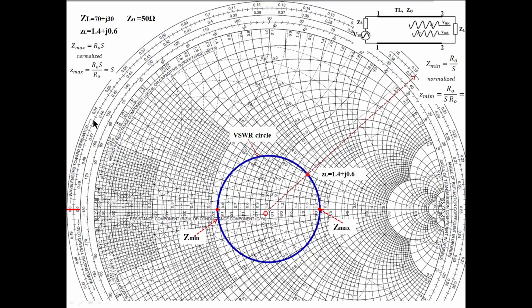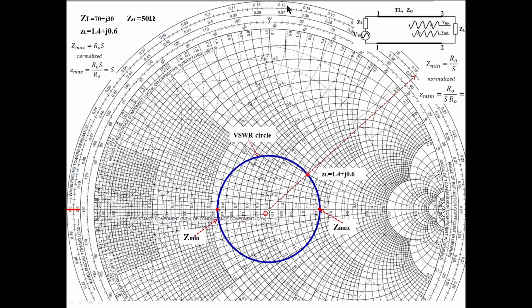The values are written both above and below the circle. For wavelengths towards the generator, that means the clockwise direction, so you should take this circle.